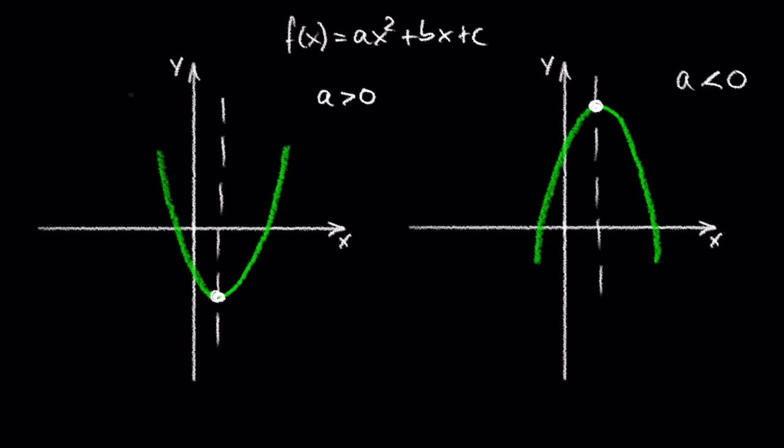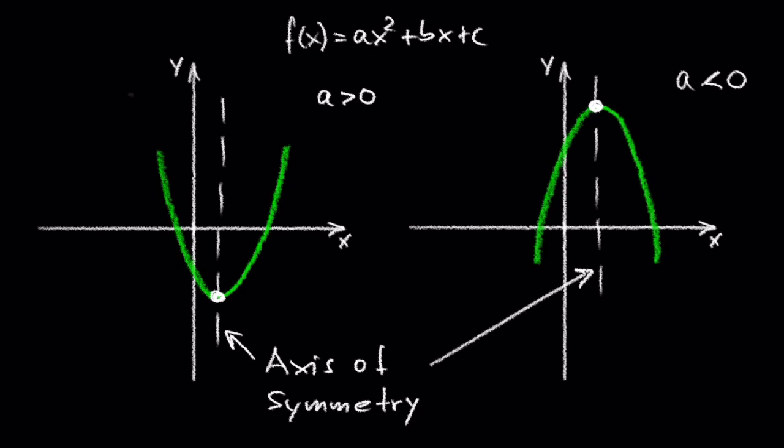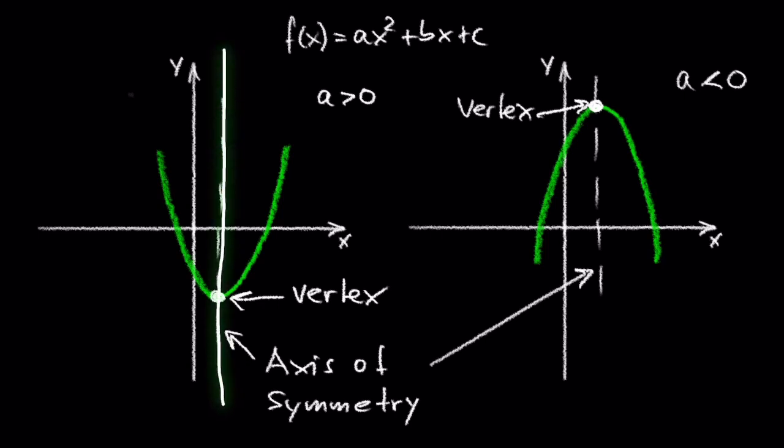Parabolas are symmetric with respect to this line, called the axis of symmetry. If a parabola is folded along its axis of symmetry, the two halves match exactly.